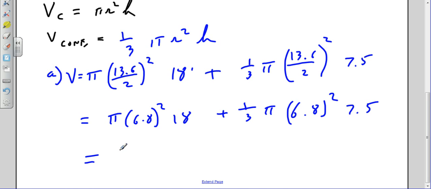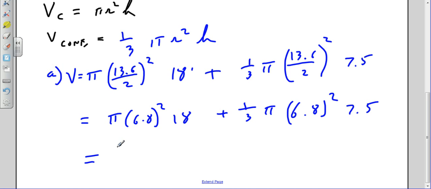Okay, so I got pi 6.8 squared times 18 plus, and it looks like I didn't bother to put a times sign by my pi, so pi times 6.8 squared times 18 plus 1/3 times pi times 6.8 squared times 7.5.